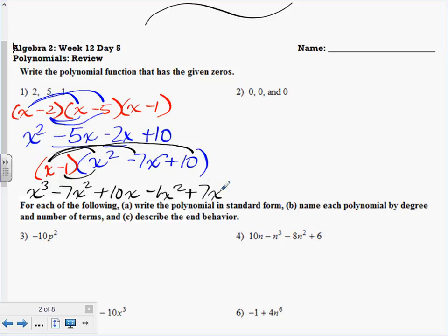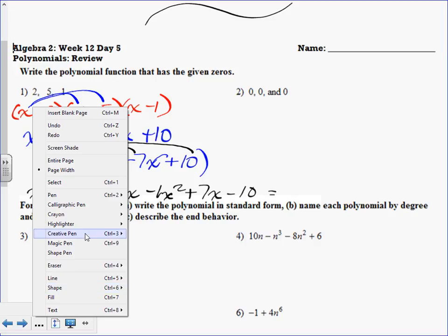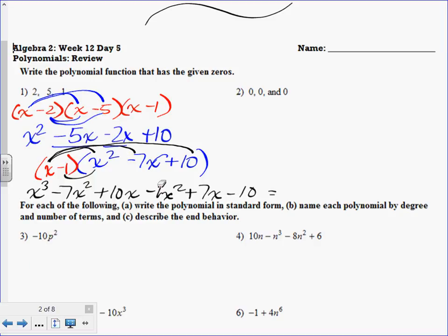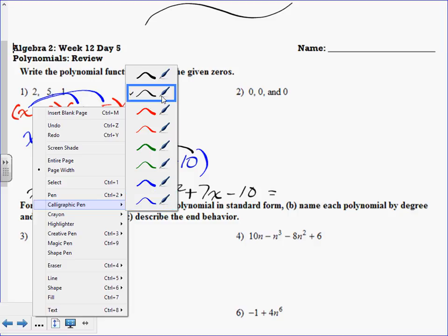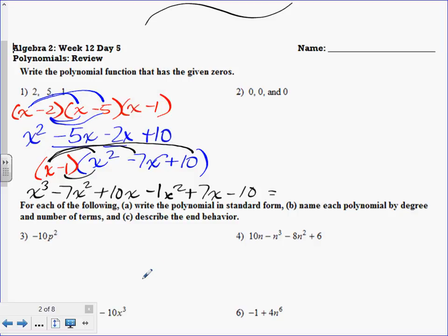Plus 7x minus 10. After 10x minus 1x squared. Sorry, is my handwriting too ugly for you? What's last? Yep, combine like terms.